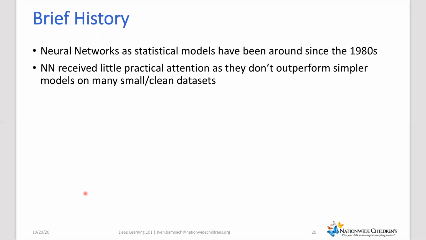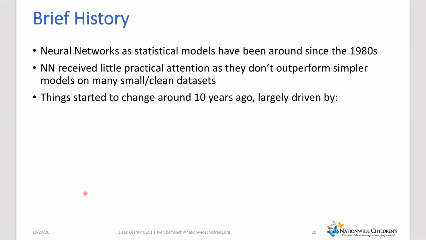The reason is that, based on the small, simple data sets that we had in the 80s, the 90s, and even the early 2000s, these models don't really outperform much simpler models like logistic regression or decision trees on most small data sets. So people thought, why should I care about this complicated neural network model if I can just do logistic regression and get the same output, right?